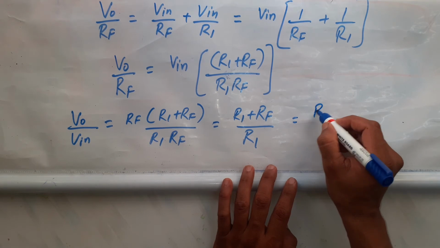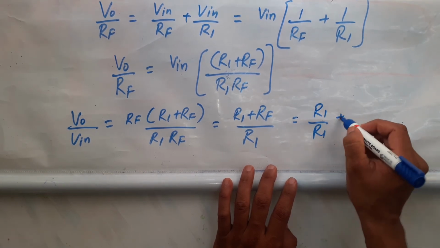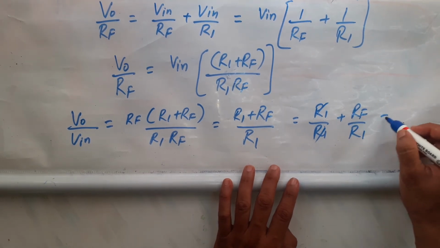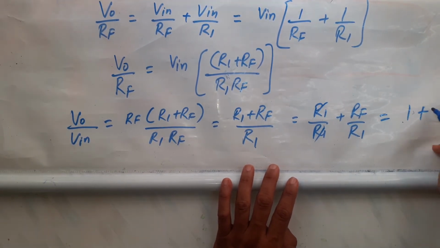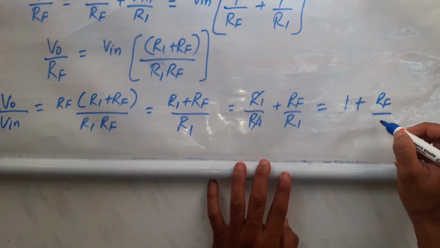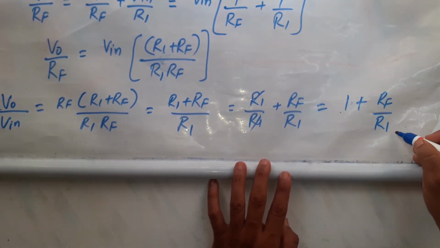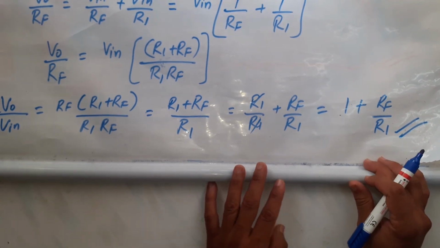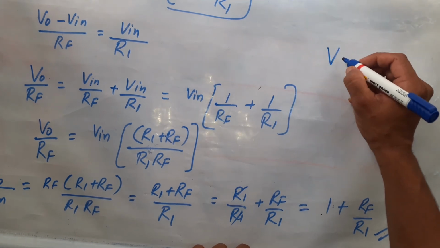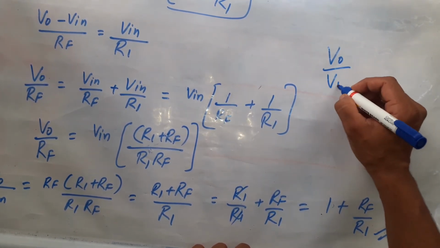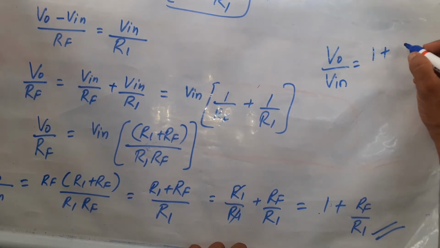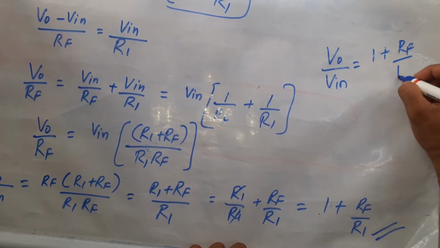I can also split this as R1 by R1, which is nothing but 1, plus RF by R1. So this is your final equation. Finally we get V naught by Vin is equal to 1 plus RF by R1.